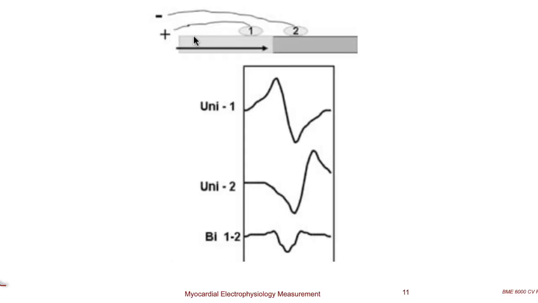Bipolar electrograms, as the name would indicate, involve 2 electrodes closely spaced together. These, again, are used clinically quite a bit, also used in the lab. Here we have 2 electrodes close together. The difference between the voltages sensed at those 2 electrodes is the signal that we collect. And in this case, we have a rapidly changing signal as the wavefront passes by.